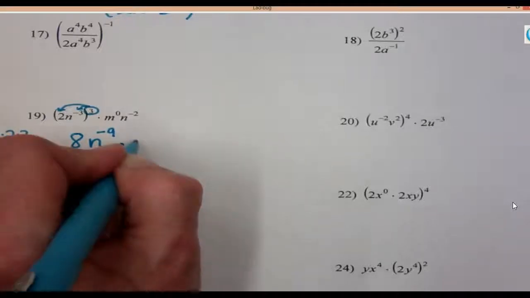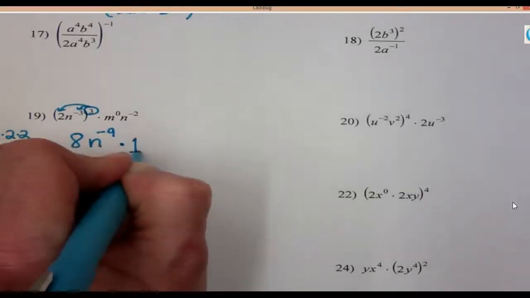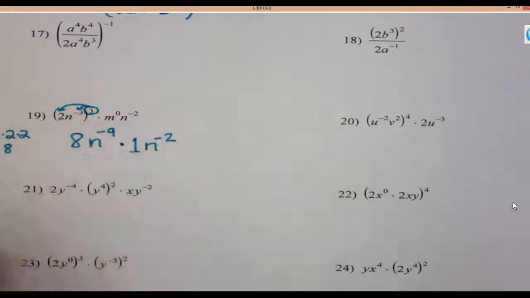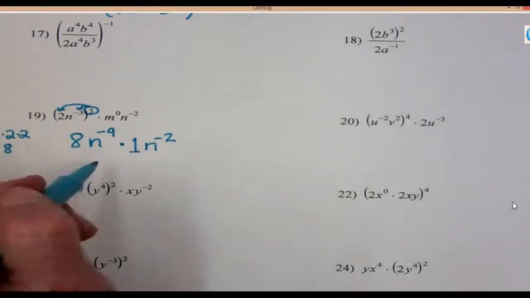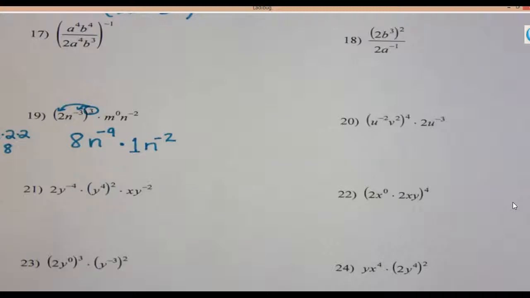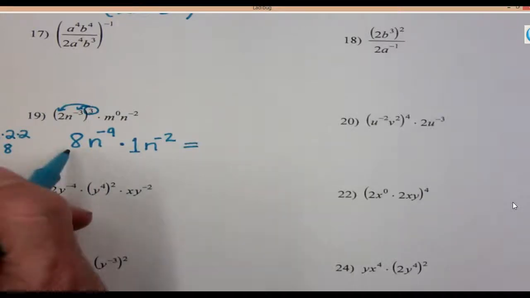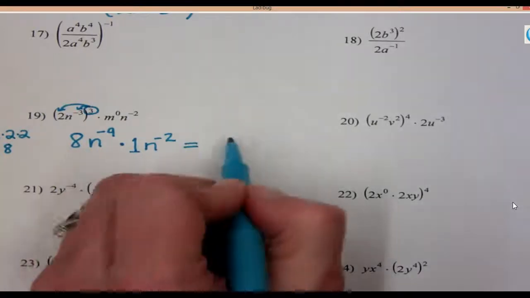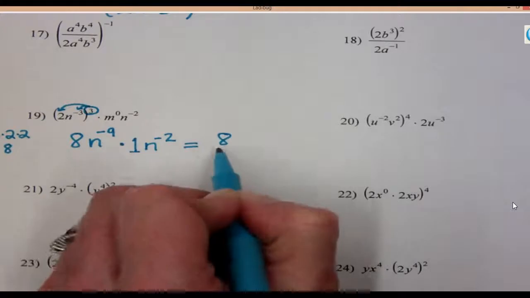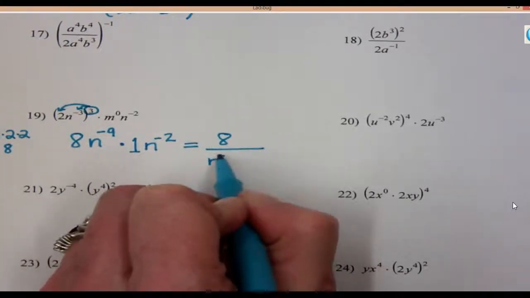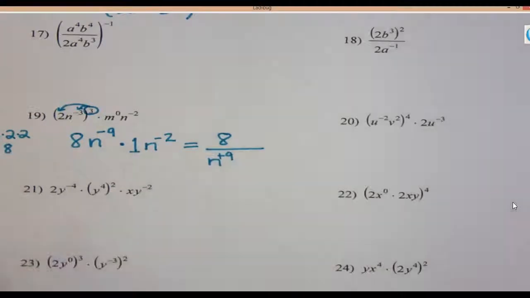So I can put 1 times n to the negative 2. So now I've got to get these unhappy negative exponents flipped where they belong. The 8 is fine. He can stay in the numerator. The n to the negative 9th needs to go into the denominator to be happy, so that becomes a positive 9.